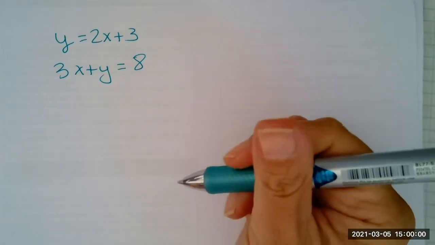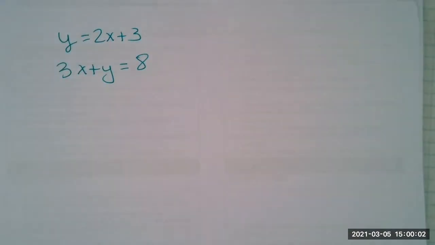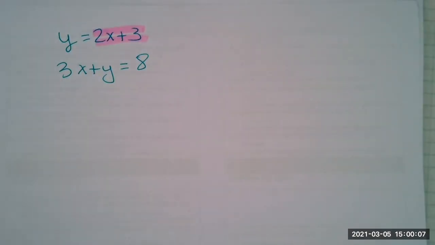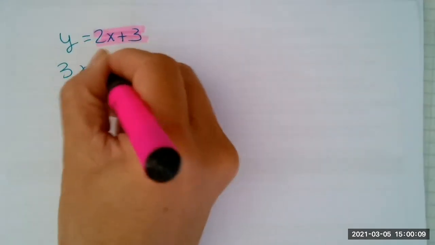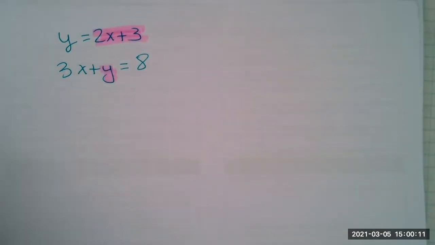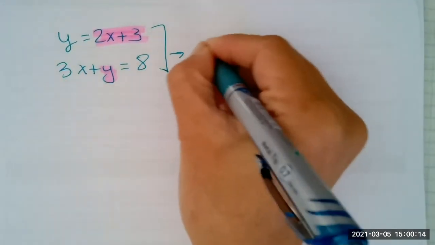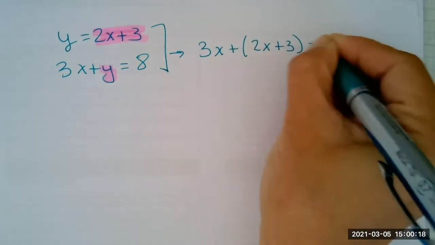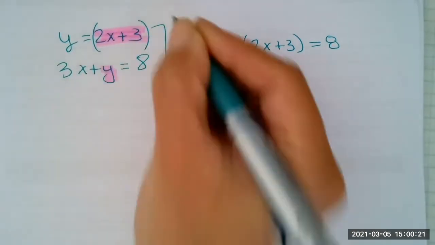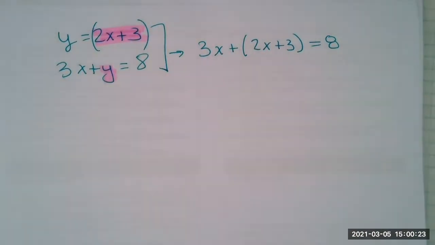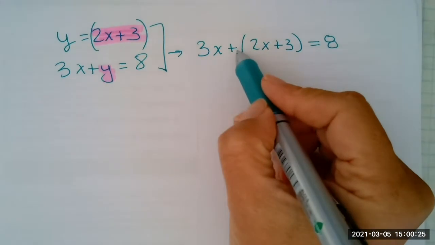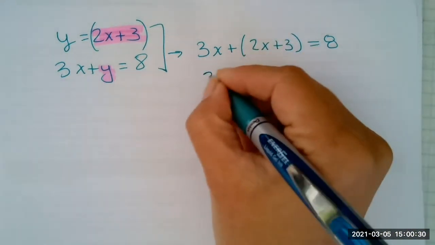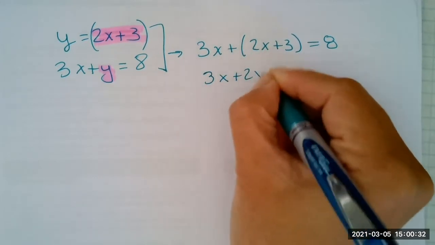All right, let's see what you got. So again, I'm going to use this idea of substituting and replacing it for this right here. That whole thing gets written in. Notice I write parentheses around it. That's good practice. I don't need it there right now, but just in case there was a number in front, it'll keep it separate. So 3x, I'm going to rewrite it without it there.